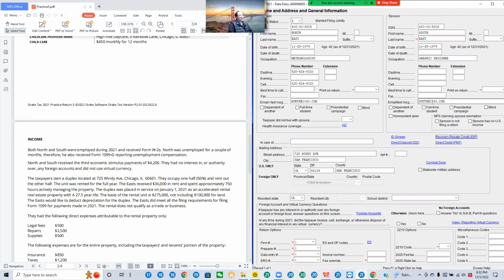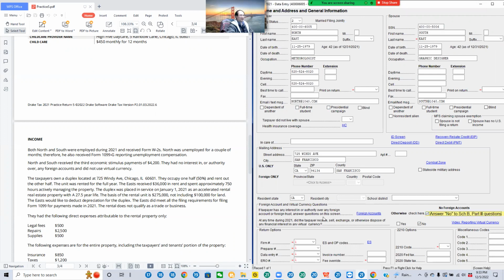So what else do we need to answer? There are 2 places we need to answer. I'm going to quiz you. Who knows what else I need to answer in this screen box? I have to answer 2 questions. Who knows the answers? The first question is whether they have a foreign asset or foreign bank account of more than 10,000.